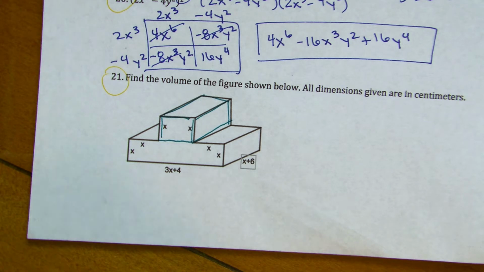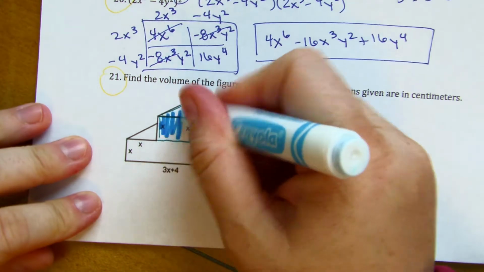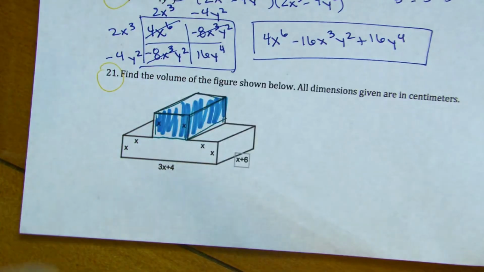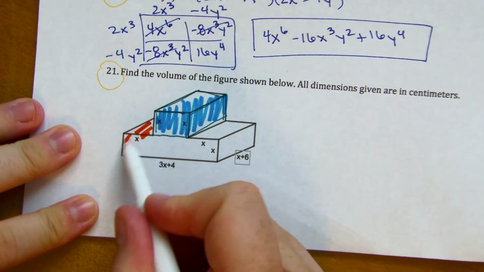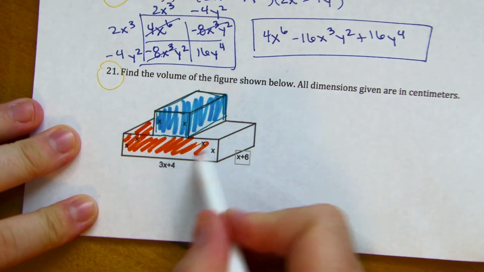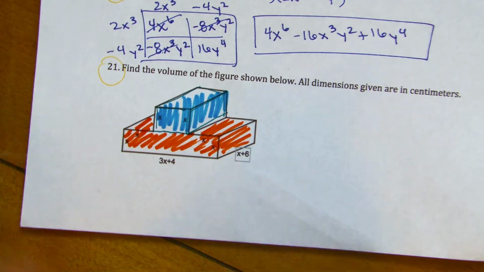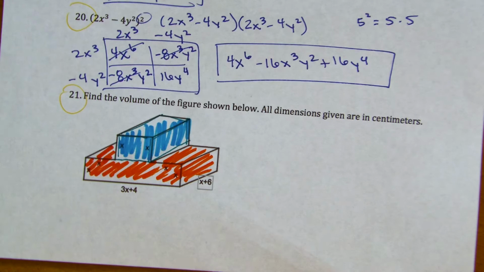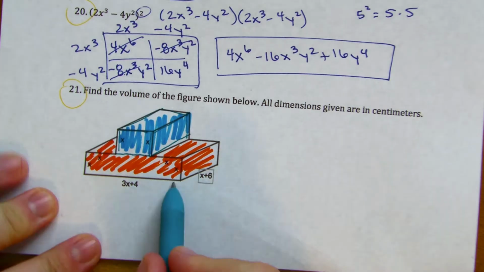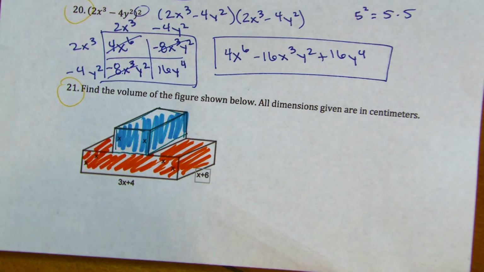So this kind of bluish shape here. Unfortunately, you can't see their labels that well anymore. And then I'm going to have this orange shape below, and I'm going to find their volumes separately and add them together. Now let's start with the orange one. The orange one, the length is 3x plus 4, and maybe I'll do this in those colors.